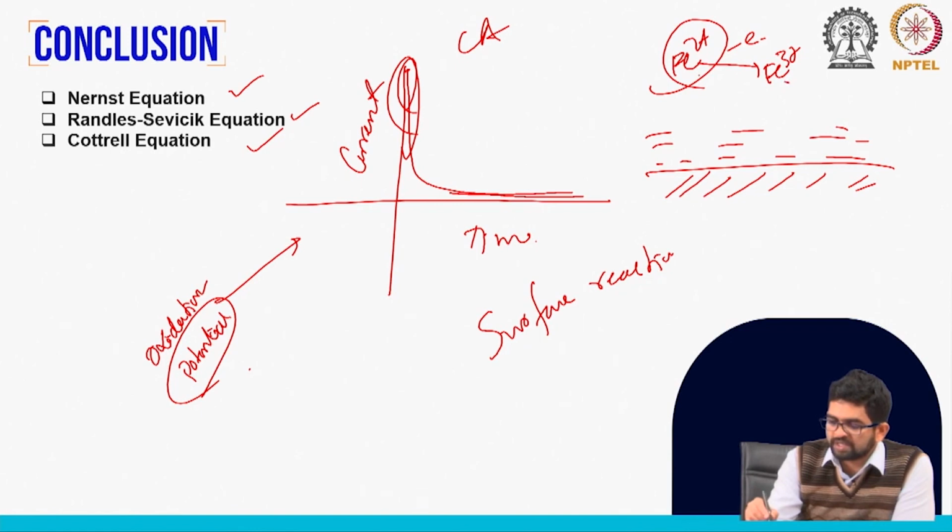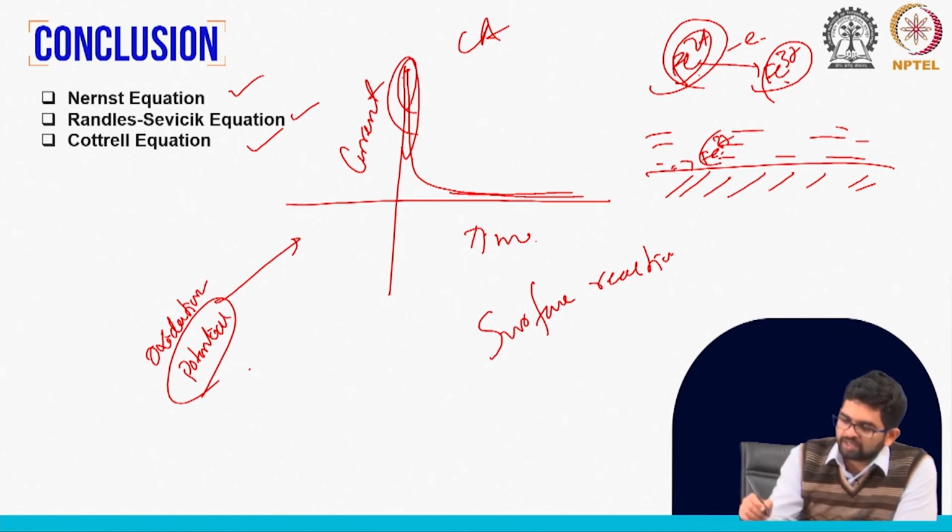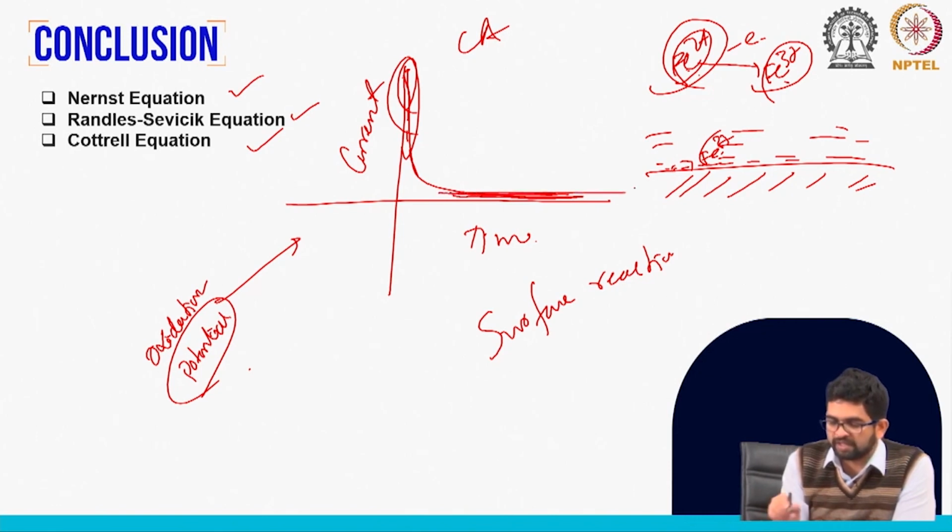Now, Fe2+ to Fe3+ means that slowly the Fe3+ concentration will increase, and near the surface there will not only be Fe2+, there will be Fe3+ also. That's why your current will slowly decrease, because the concentration of Fe2+ very near the surface will decrease. Then slowly there will be equilibrium of Fe2+ and Fe3+, and you will get the equilibrium current.